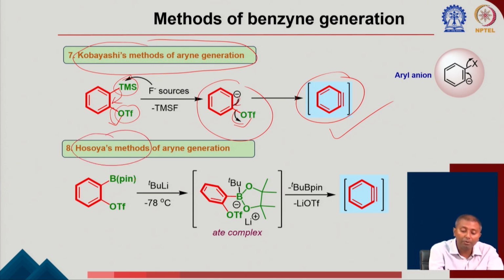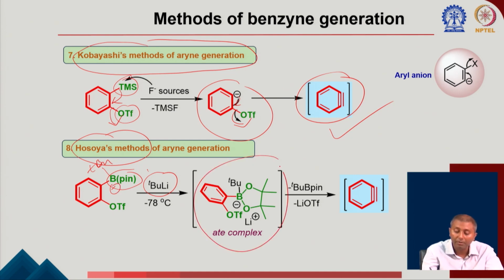So here you have a boronic ester instead of the silicon. Again, borons are also electron deficient. So if you have F minus, it can attack the boron. Here, instead of F minus, you have tert-butyllithium. Again, lithiums are a very good nucleophile, so it can attack the corresponding boron to form this boronate complex, which you can see here. We are going to discuss the formation of ate complexes when I talk about boron.